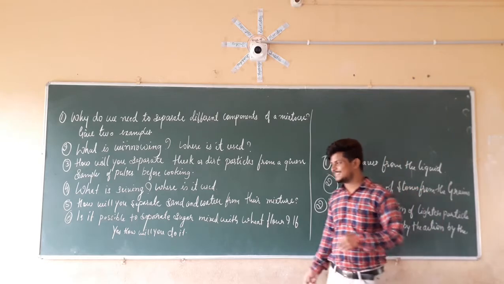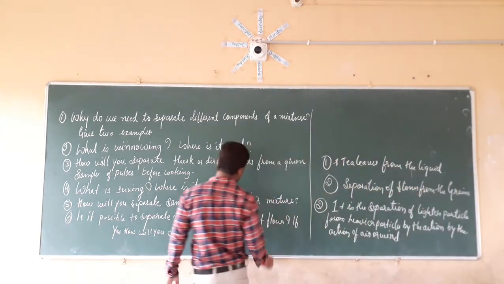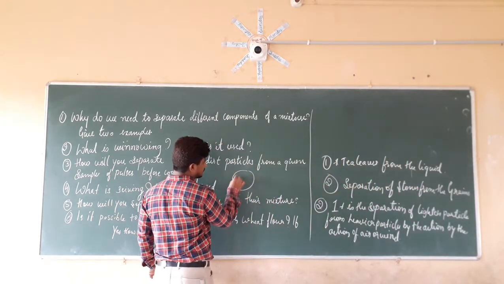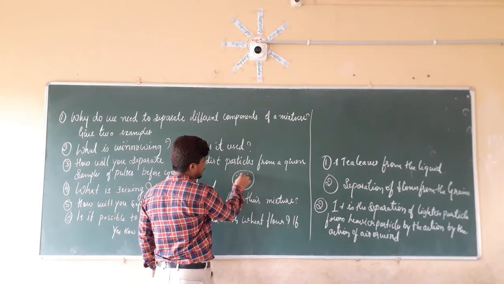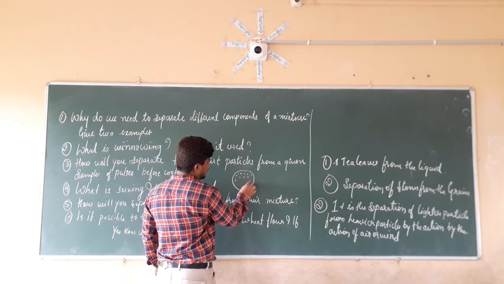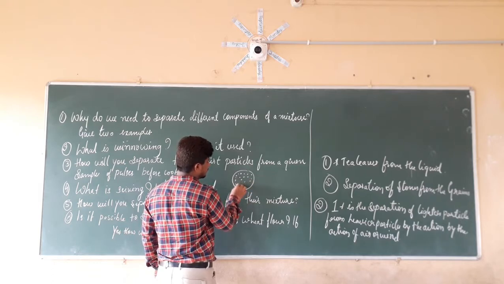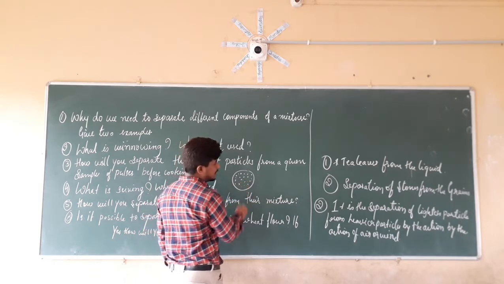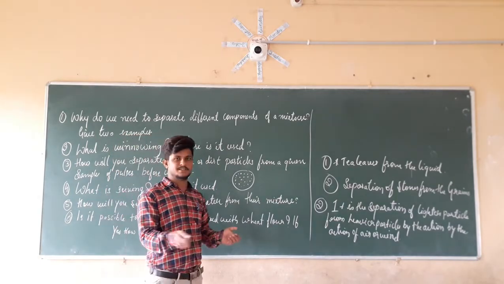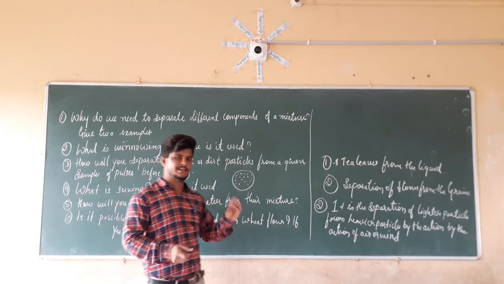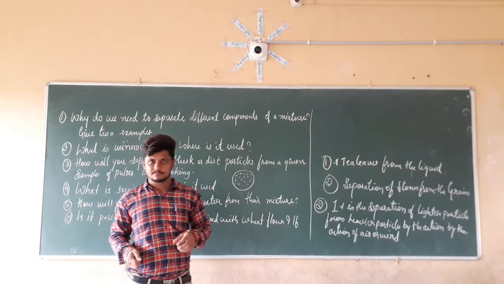If you remember, when discussing sieving, I drew a diagram like this. In that diagram, it is the sieve, and these are the holes of the sieve. We use a chaniki for separating small dirt particles from the grain particles.